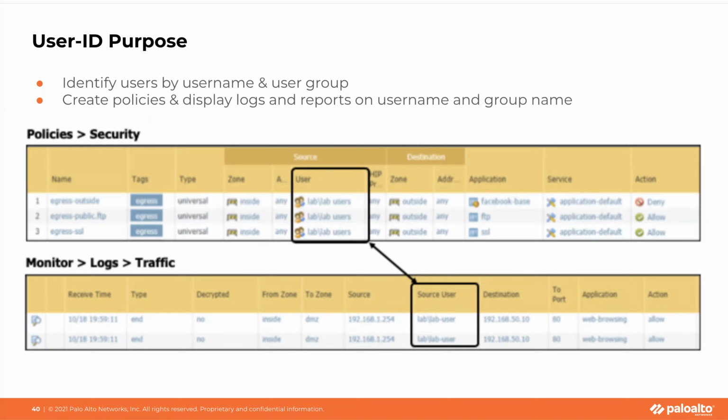The ultimate purpose of User-ID is to give you the ability to write policy rules, display logs, and display reports that contain usernames instead of only IP addresses. For example, an unknown user can be treated differently from known users to accommodate network guests.